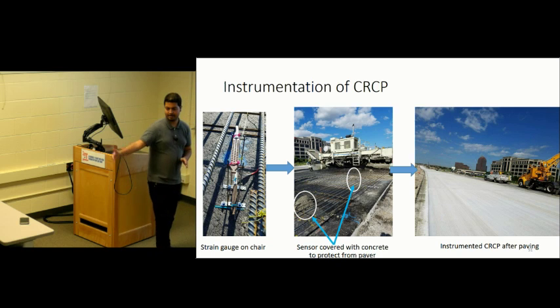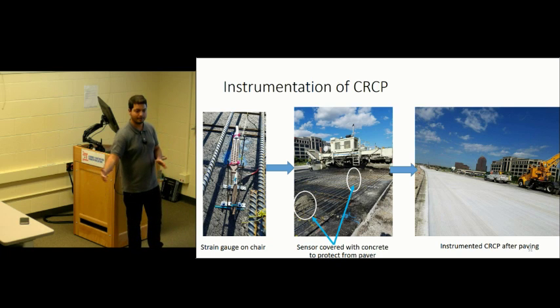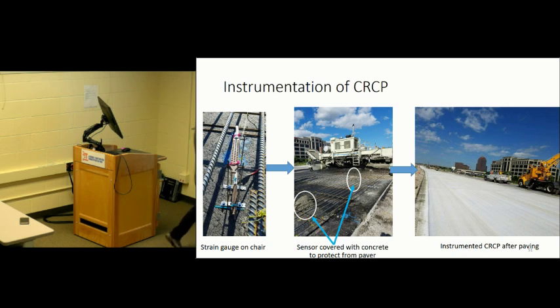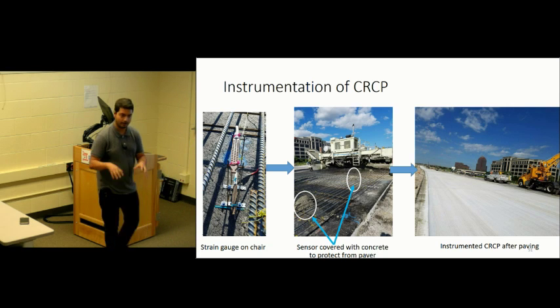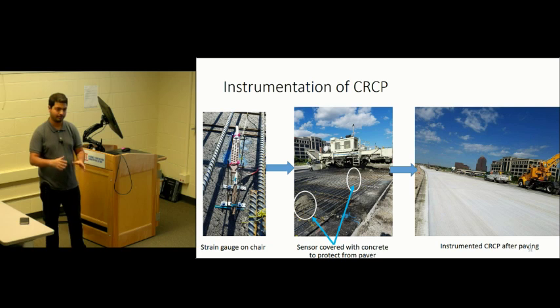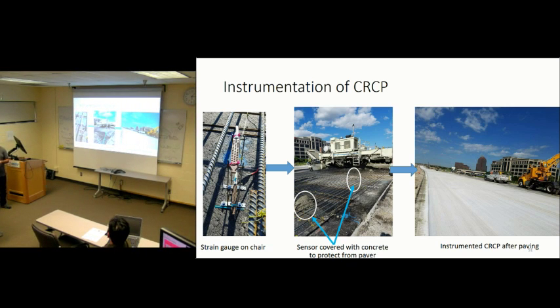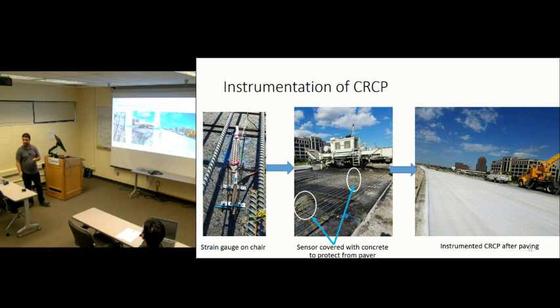When we are around 50 feet from the paver, we get the same sample of the concrete, put that concrete around these things, and make sure that all the sensors are straight, in the position and location where we want them to be.